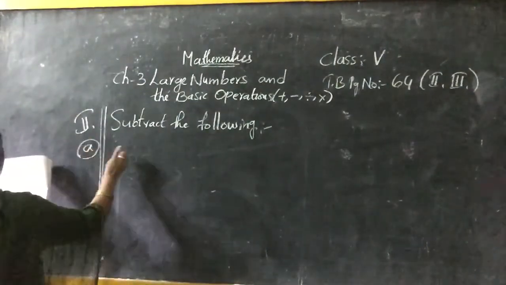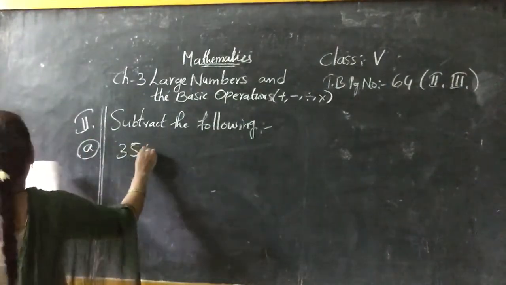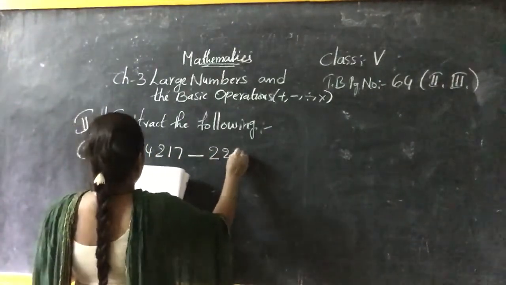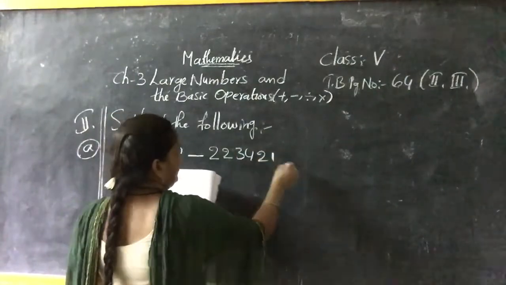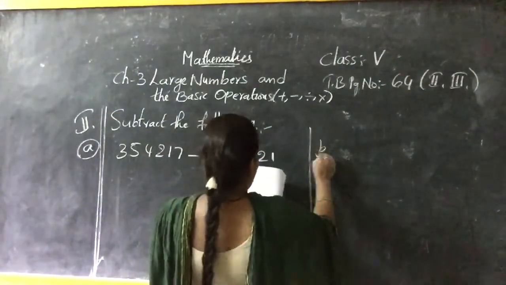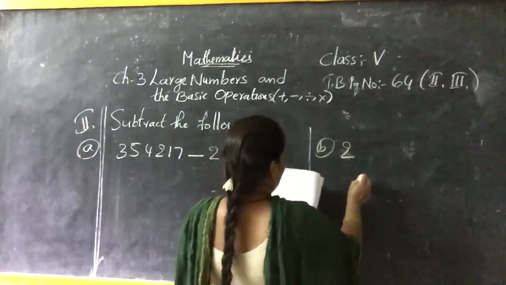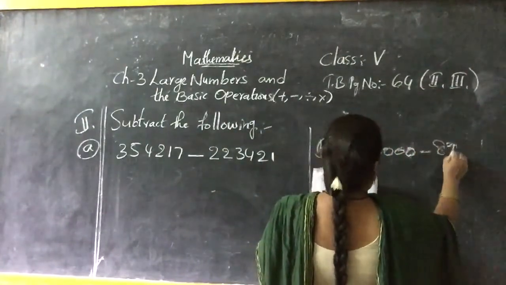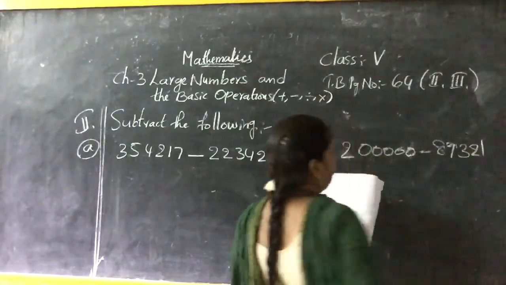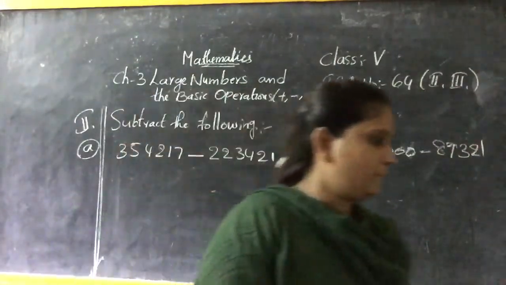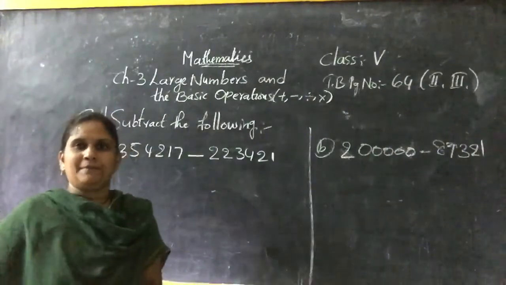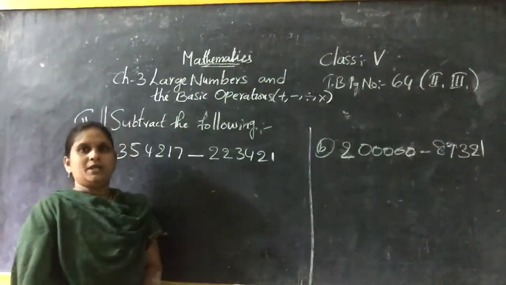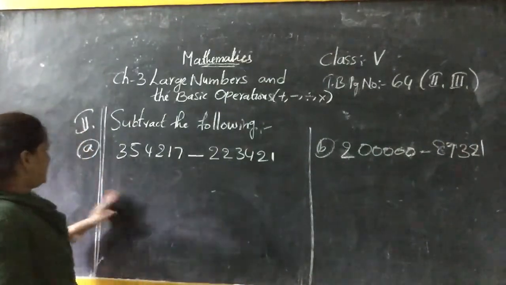Outside the margin write 3, 5, 4, 2, 1, 7 minus 2, 2, 3, 4, 2, 1. Next, B1: 2 followed by 5 zeros, minus 8, 9, 3, 2, 1. Okay, I said A and B sums are classwork and the remaining sums are homework. So now the first one, same solution.